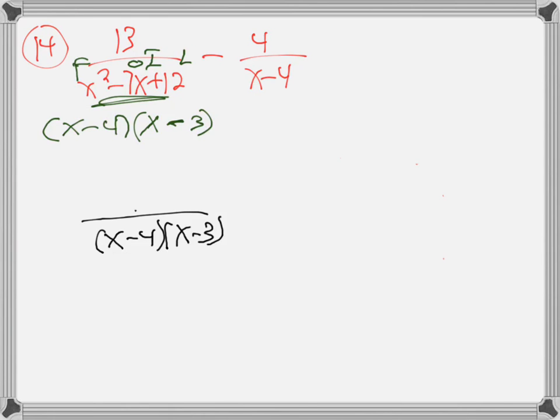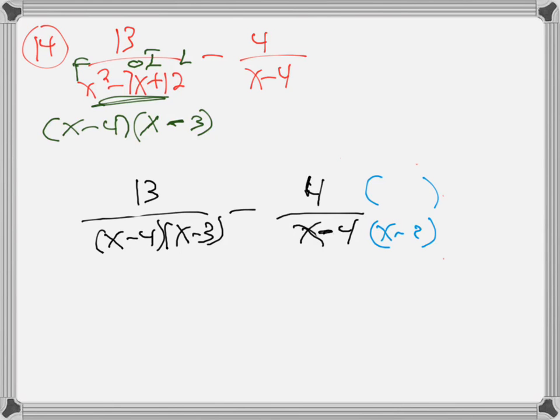Kind of scribbly there. So we good to there so far? So there's step 1, factor denominators. Step 2, give them what they're missing, right? And so this guy is missing something that his neighbor has. What's he missing? x minus 3.